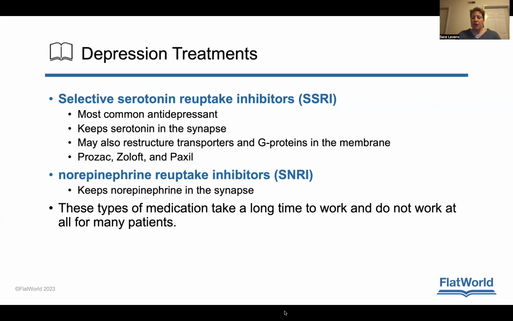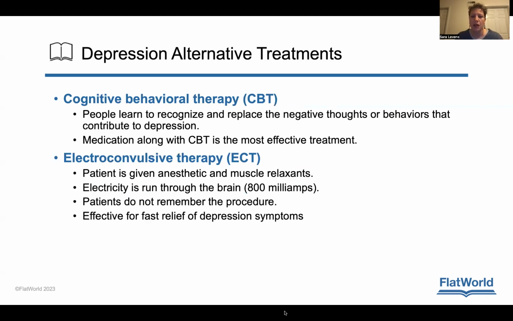These medications can also take a long time to work, and unfortunately do not work at all for all patients, which can be particularly challenging because depression is really common and it can be quite hard to treat. Typically, there isn't much of an understanding that medication would be able to treat these alone.